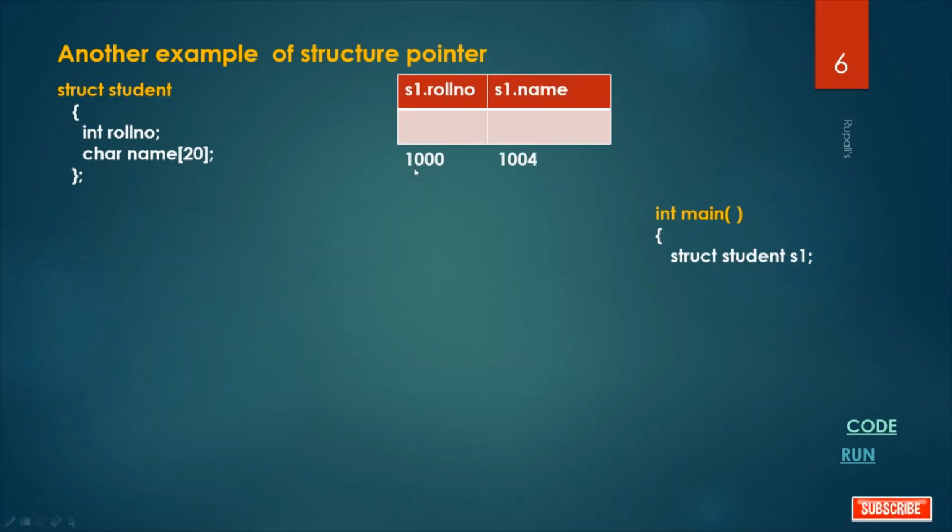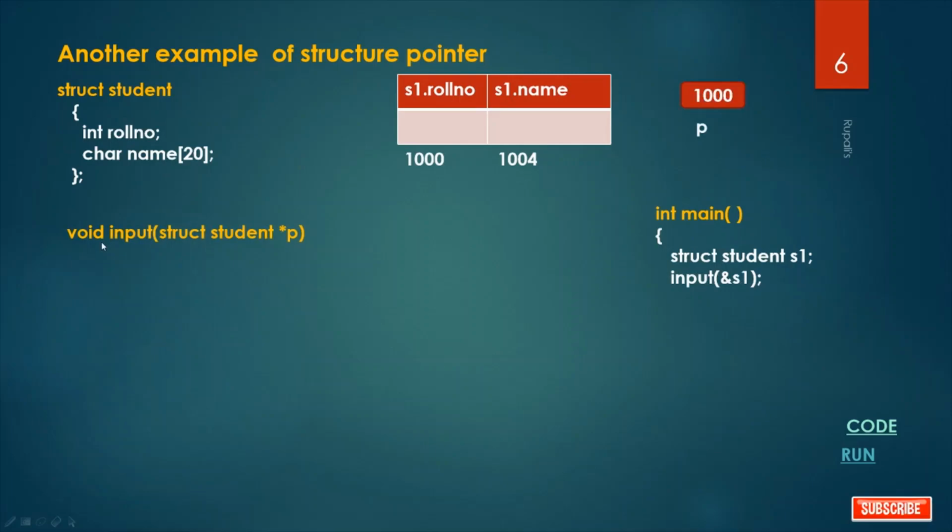If I start from address 1000, then the address of s1.name is 1004 because integer takes 4 bytes. So now we call one function input. I am sending the address of s1, so the base address is 1000.